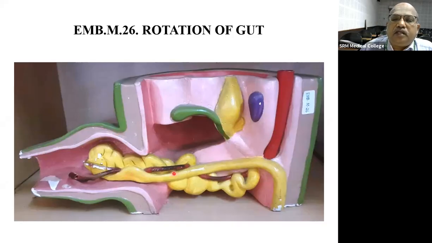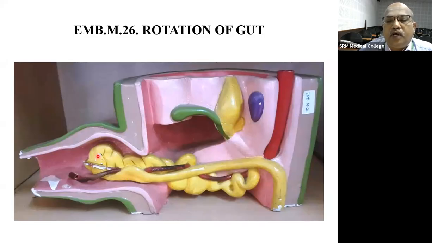Now this is the artery, superior mesenteric artery. Once that midgut loop is formed, it is divided into an upper limb, the cranial limb, and a caudal limb, the pre-arterial segment and post-arterial segment.